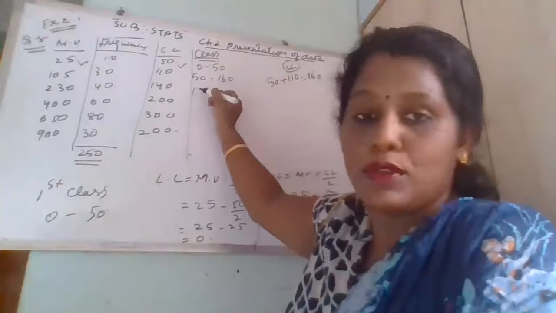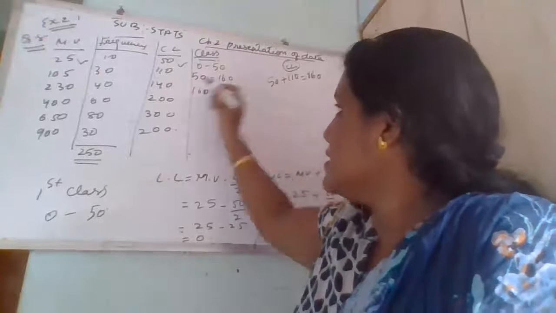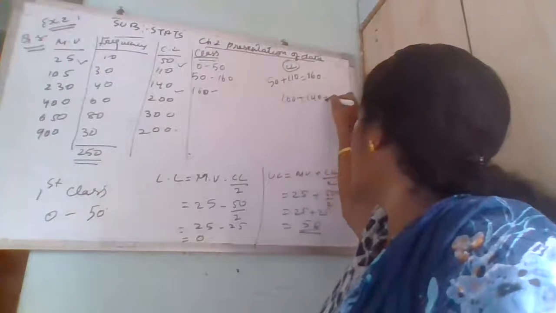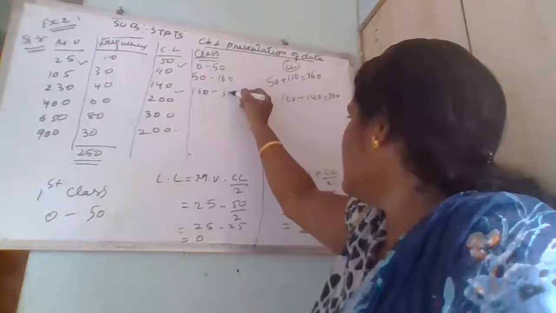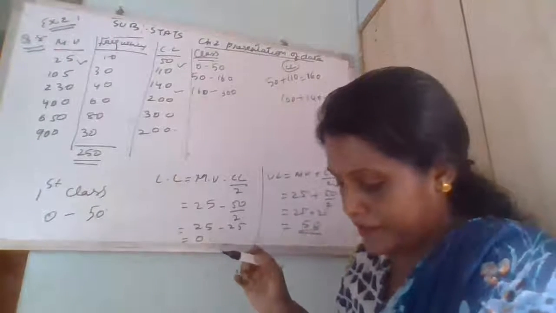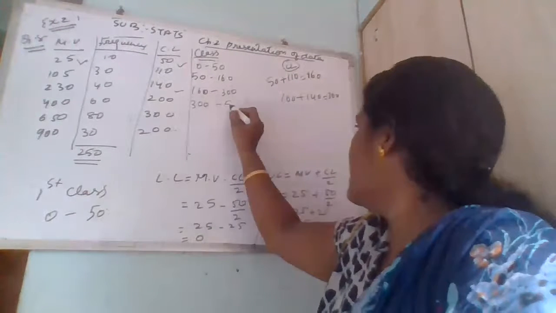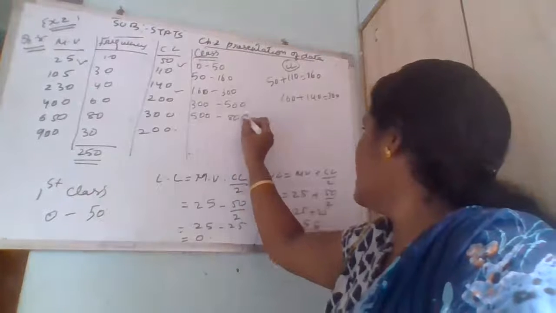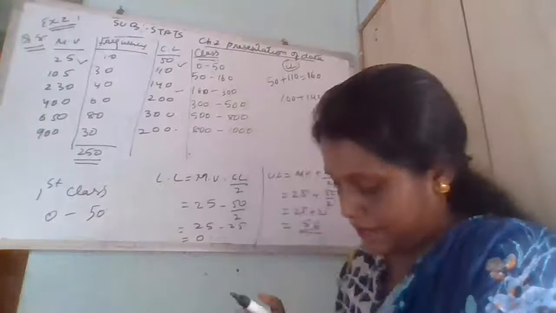Then again you repeat 160, then 160 plus 140, which comes to 300. Understood? Then 300 plus 200 is 500. Then 500 plus 300 is 800. 800 plus 200 is 1000. Right?